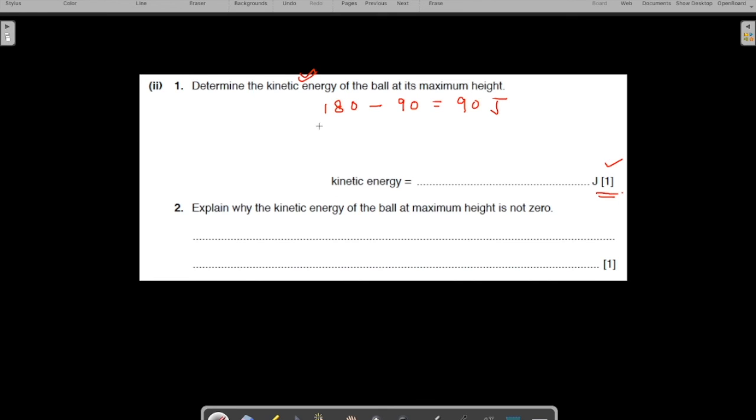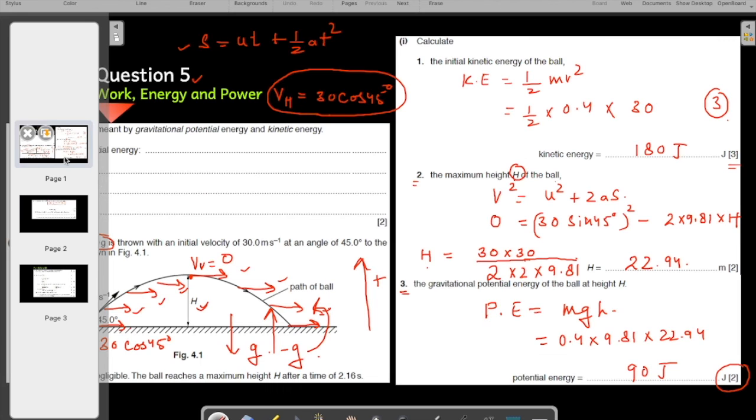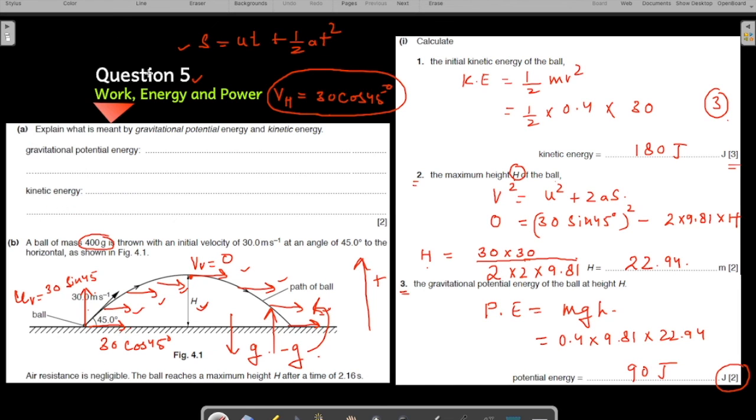So you can use this small subtraction logic using the law of conservation of energy. That is, the total energy that you had at the starting point should be equal to the total energy at the final point.